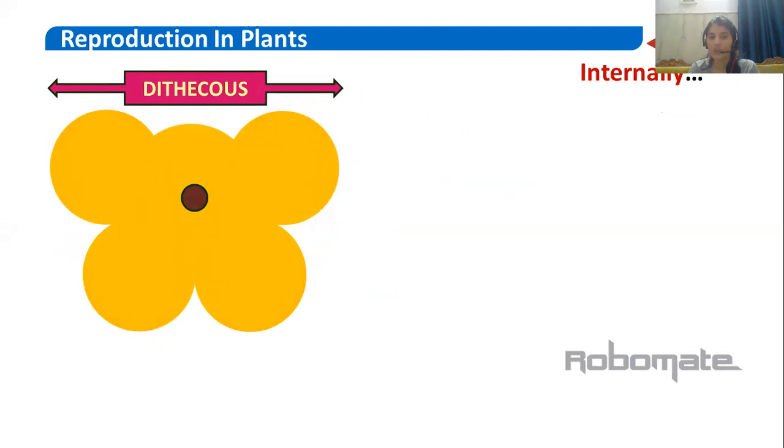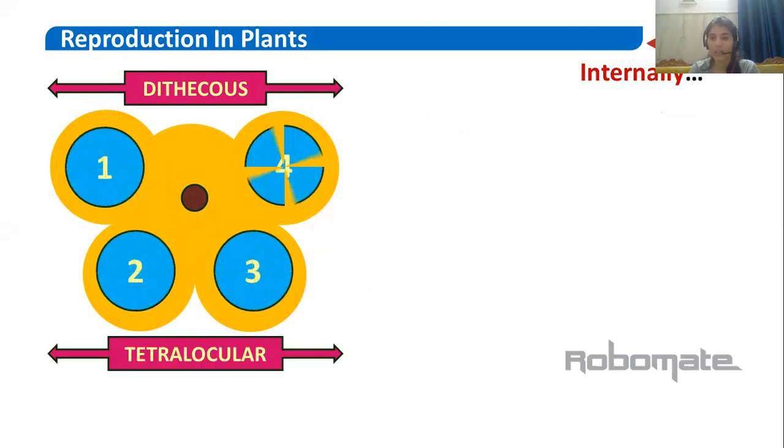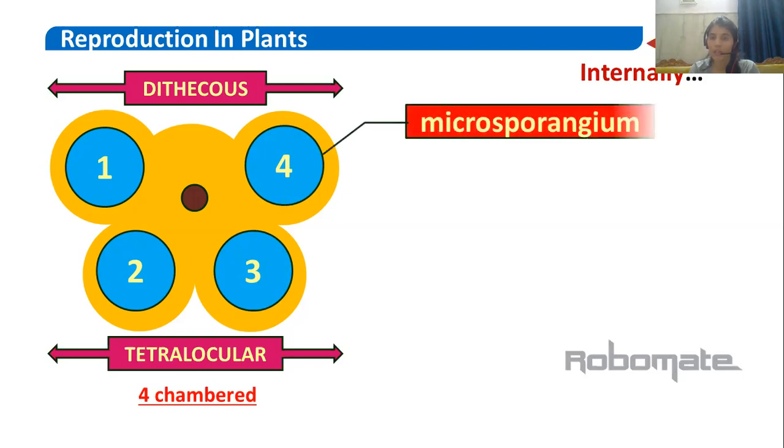Now each lobe contains two locules, and therefore it is a tetralocular structure. So we can say that anther is tetralocular or four chambered structure.